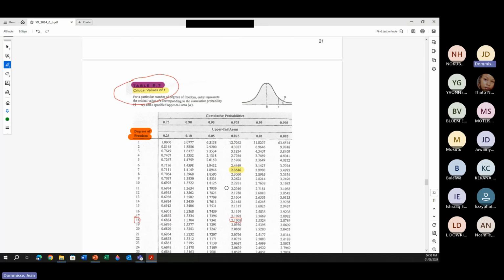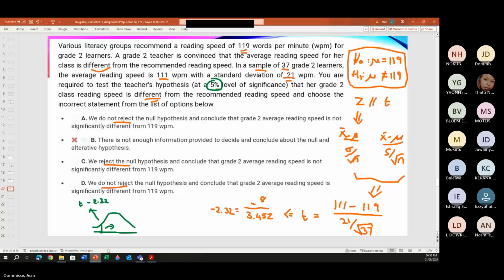Remember, we're working with the 5% significance level with two-tail. So two-tail means that there must be 5%.